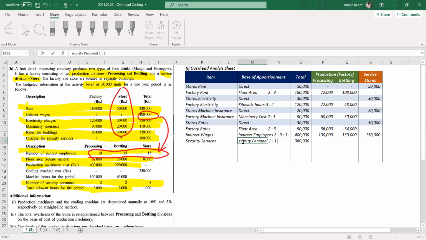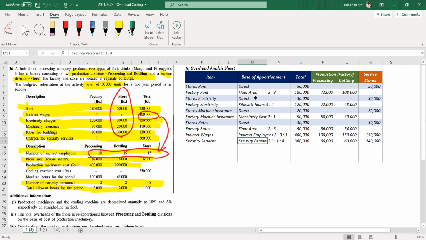Understood. So total amount 360 divided by 6, 60,000, 60,000 and multiplied by 4, 240,000.